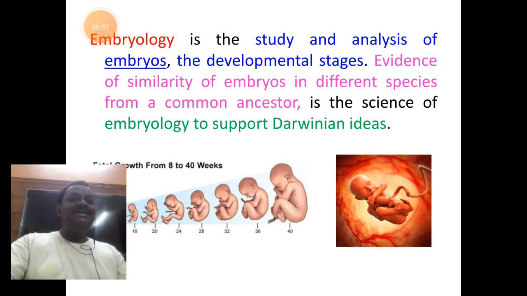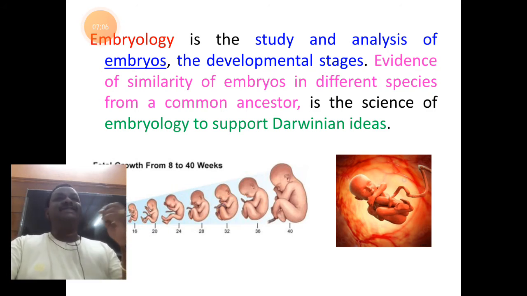It indicates that they are all evolved from the common ancestor. This science of embryology thus acts as an evidence for the process of organic evolution. We also call it the Darwinian ideas.